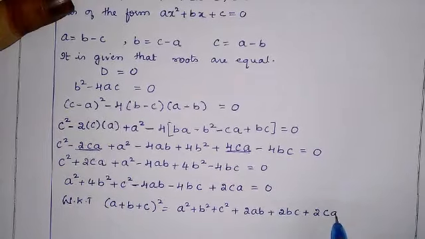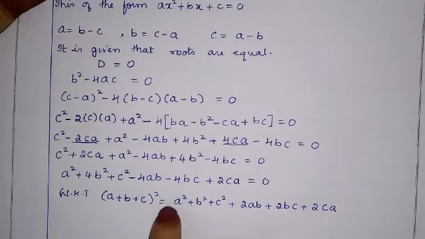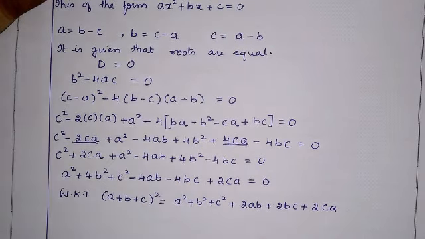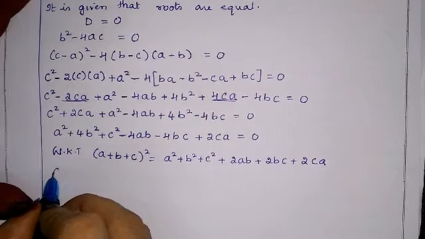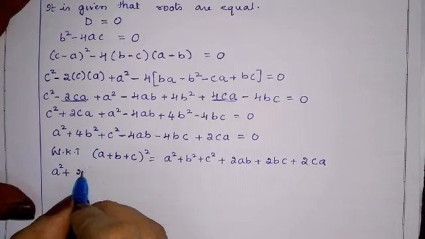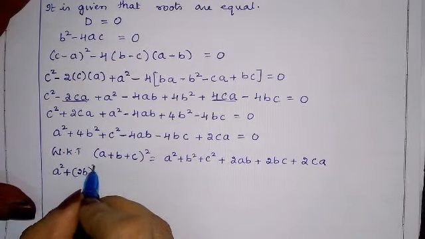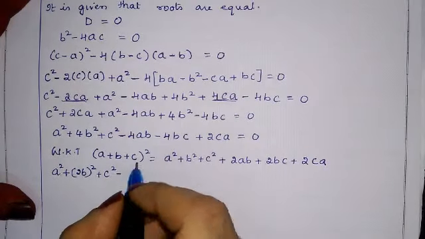We know this formula. So now what I'll do is, here I'll just write a square only, plus (2b) whole square, plus c square as it is, then it becomes minus plus.